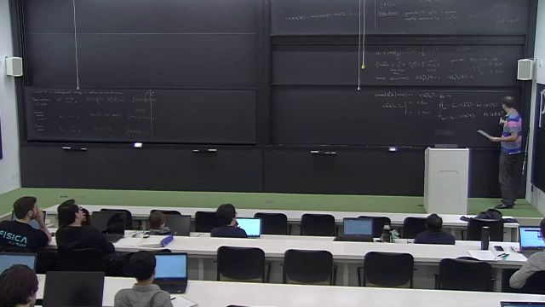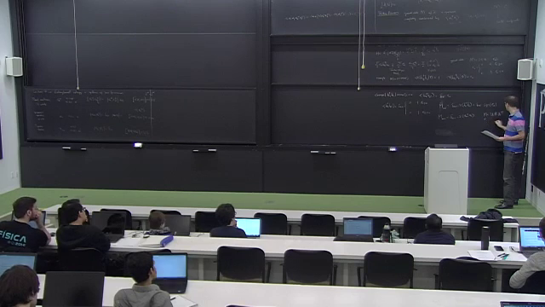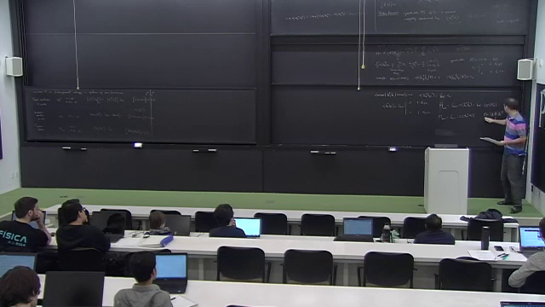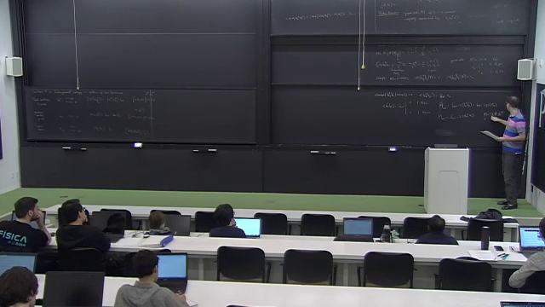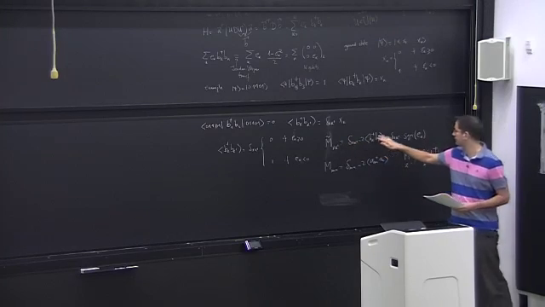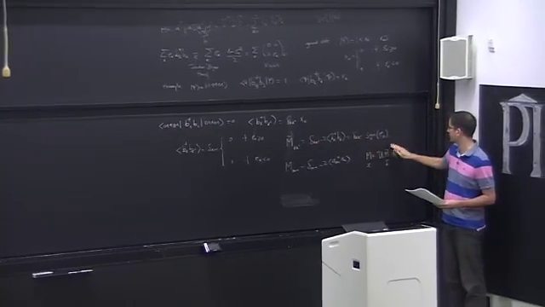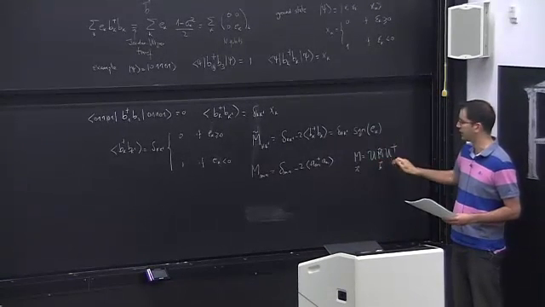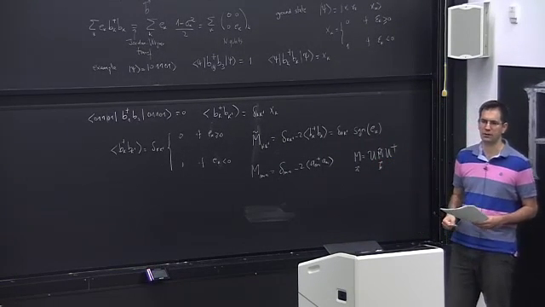I'm just undoing the change of variables: this is in terms of annihilation operators A, this was in terms of annihilation operators B. So the correlation matrix that we want is obtained from the simple one that we just computed, by taking U and U dagger, going back to the original variables.